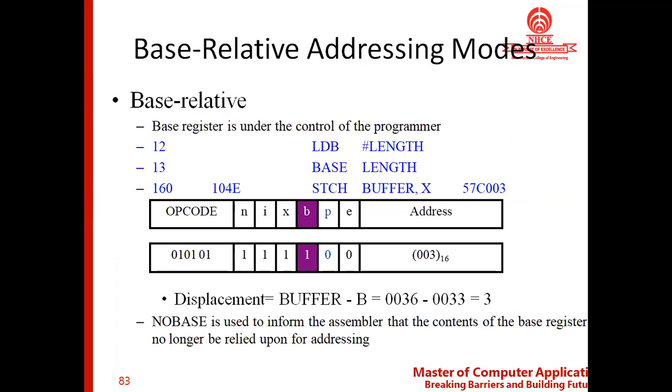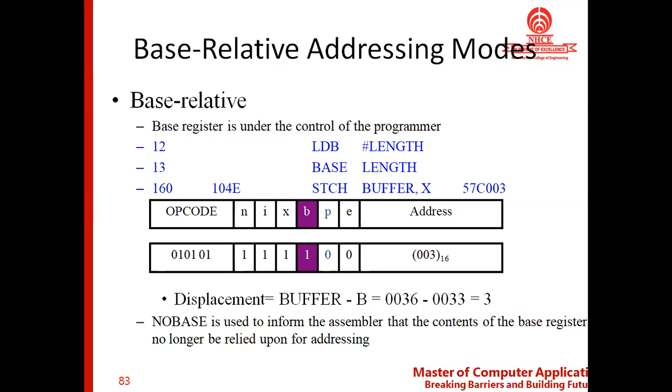And if you could make out the values in the instruction format. Since it is format 3, we can have the opcode over here, which is 54 for STCH. The 54 value is represented as 5 is 0101 and 4 is 0100.